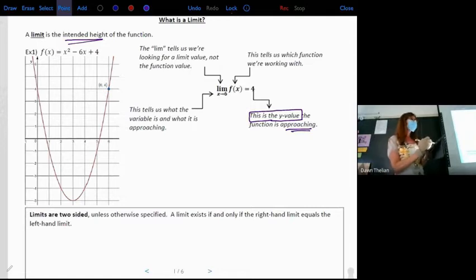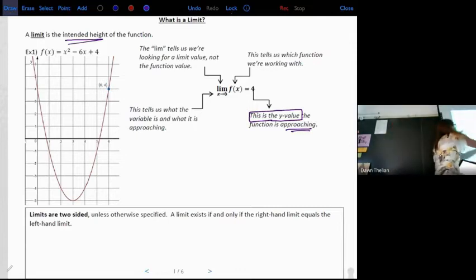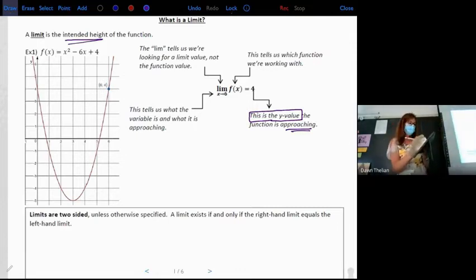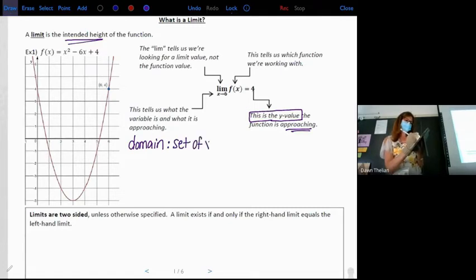Now, the x values are the domain. Let's remind ourselves of some vocabulary. In this white space, we're going to fill in the definition of domain. That's the set of x values where f of x is defined.